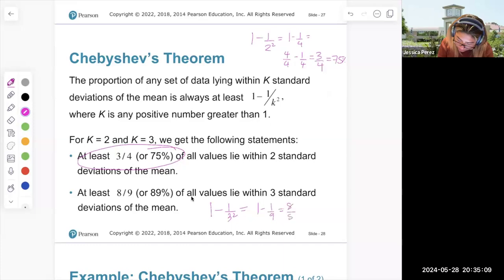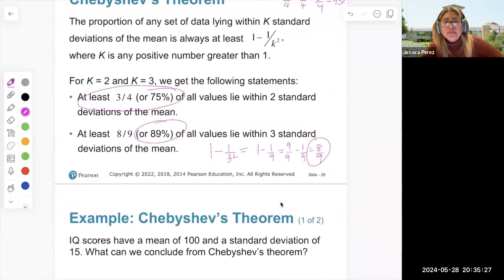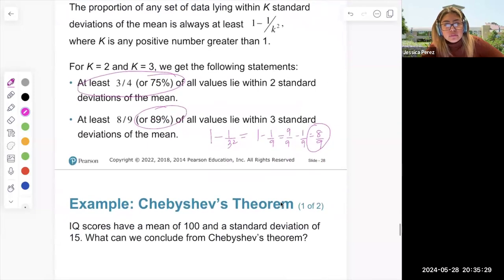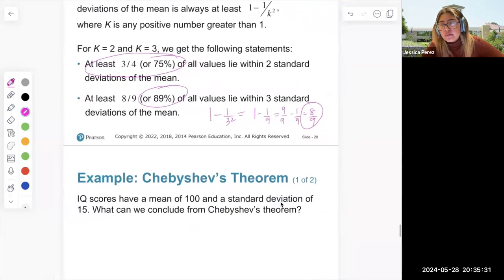So 9 over 9 minus 1 over 9, we get 8 over 9. So 8 over 9 is 89%: at least 89% of all values will lie within 3 standard deviations away from the mean. This was a different one, because the first one was using the empirical rule. Now they're asking us for Chebyshev's.